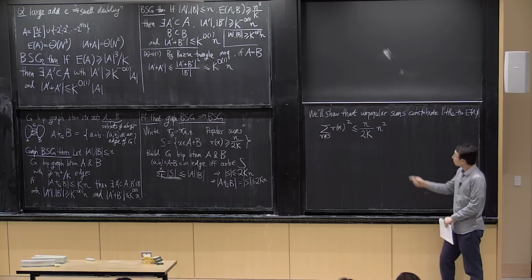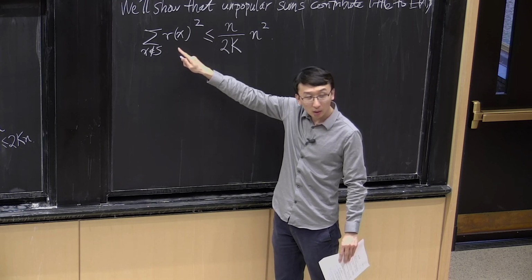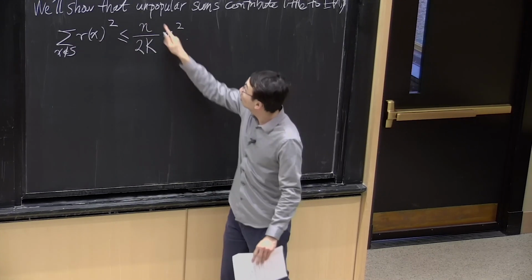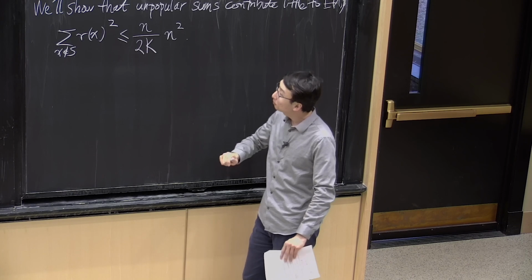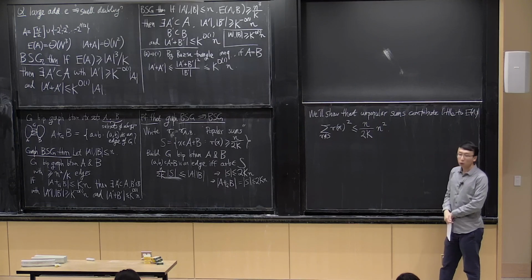Because I can take out one factor of r, upper bound it by this number, just by definition, and the sum of the r's is n squared.